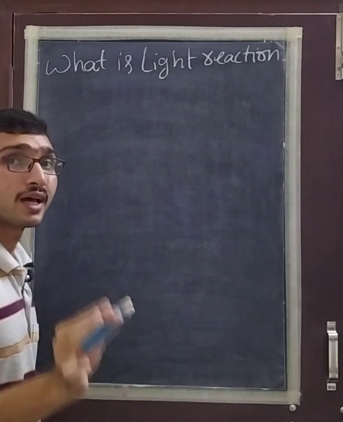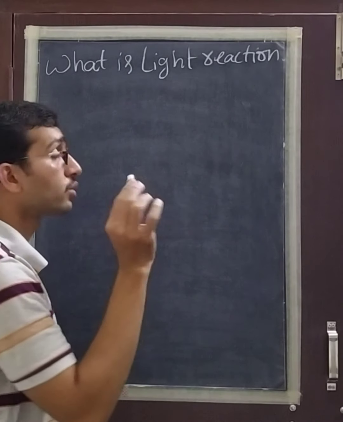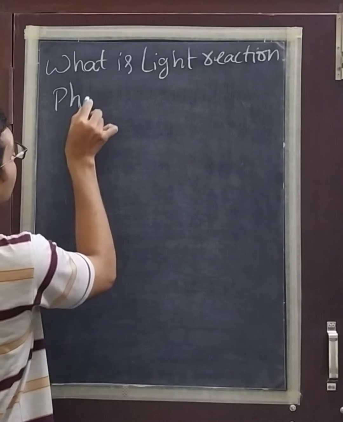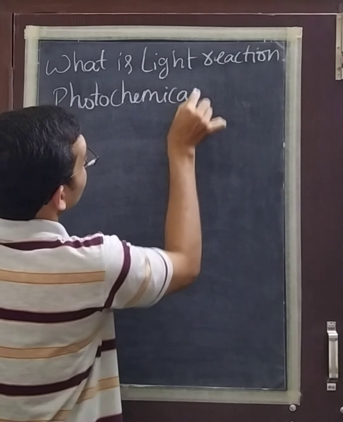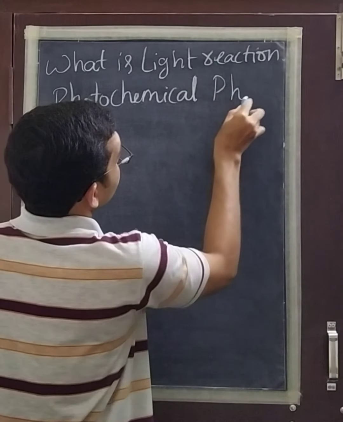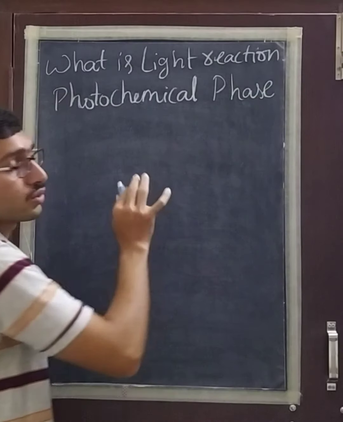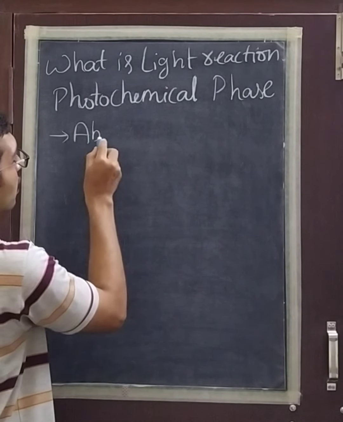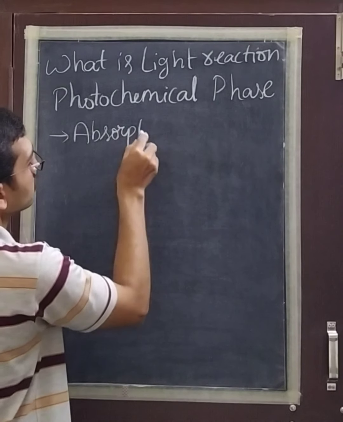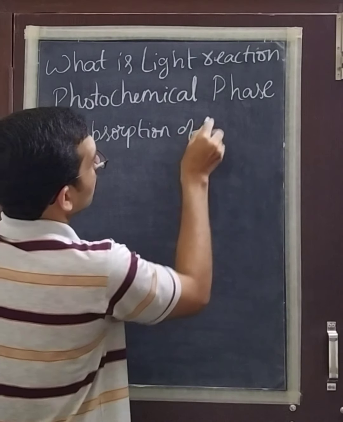In this chapter, light reaction is denoted as photochemical phase. So photochemical phase includes absorption of light.